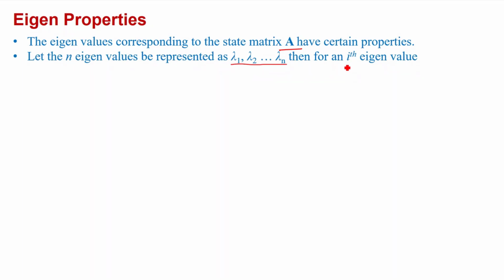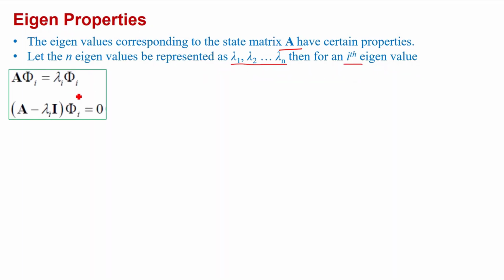Then for the ith eigenvalue, I can write A into phi i equal to lambda i into phi i. Lambda i is your ith eigenvalue. This phi i is in fact known as the right eigenvector, right? Already we have studied this in the elementary linear algebra course. This kind of equation we have seen already, right?